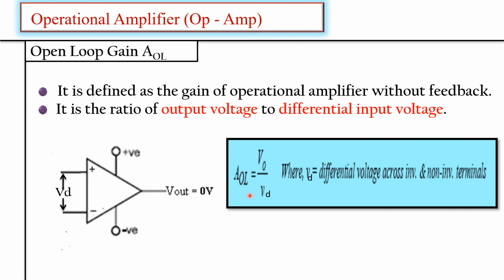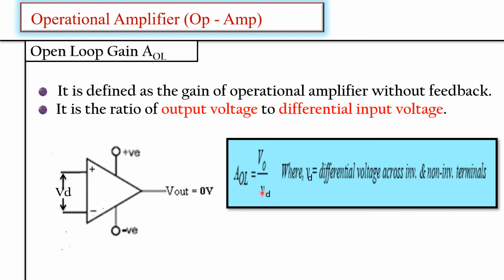So AOL, that is open loop gain, is given by output voltage to the differential input voltage, VO upon VD, where VD is the differential voltage across the inverting and non-inverting terminals. So here between the non-inverting and inverting terminal, this voltage is nothing but VD, right? For an ideal op-amp, the open loop gain is infinite.